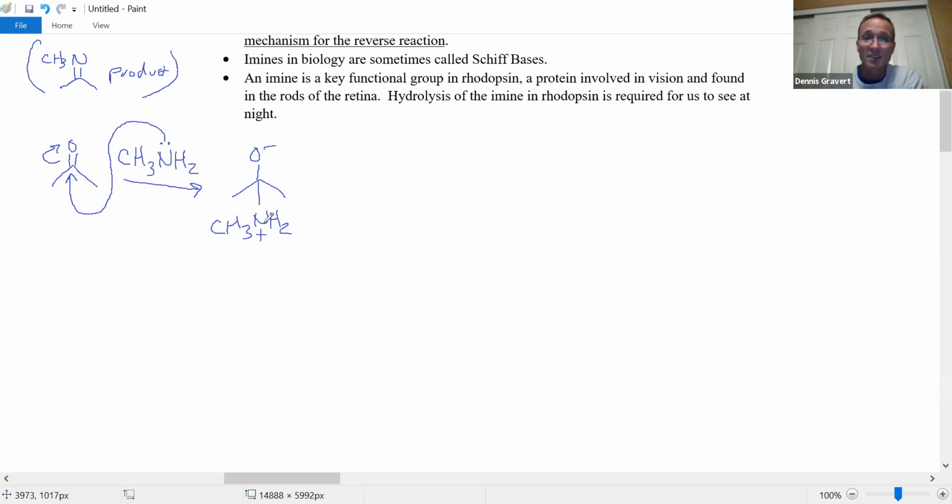And this nitrogen, it's making too many bonds. It needs to get rid of an H. So there are 2 options here. The shortcut is just do a proton transfer. It's an acid-base reaction where you just say, hey, this carbon's tetrahedral.